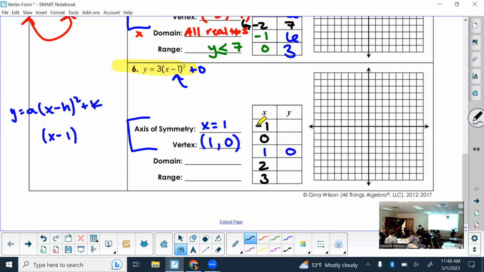Okay, good. So that's how you should be picking your X's. You get to pick the X's, but you should form it based on your vertex. Because you're going to want it to make a U shape, and the only way to do that is to find the middle of your U, which is your vertex, and pick X's that are around it.